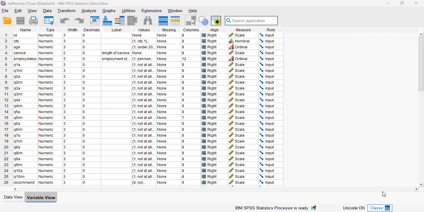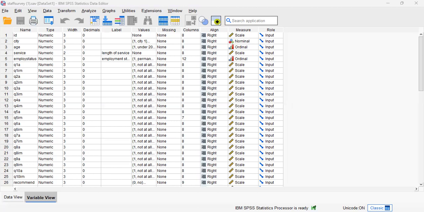So to show you where this was, again, because I like this feature, I'm going to go into the legacy. And in this one, we were looking at graphs, legacy, dialogue.